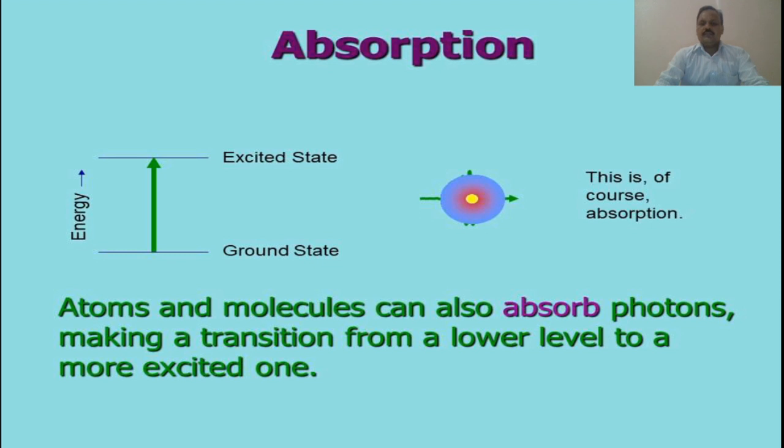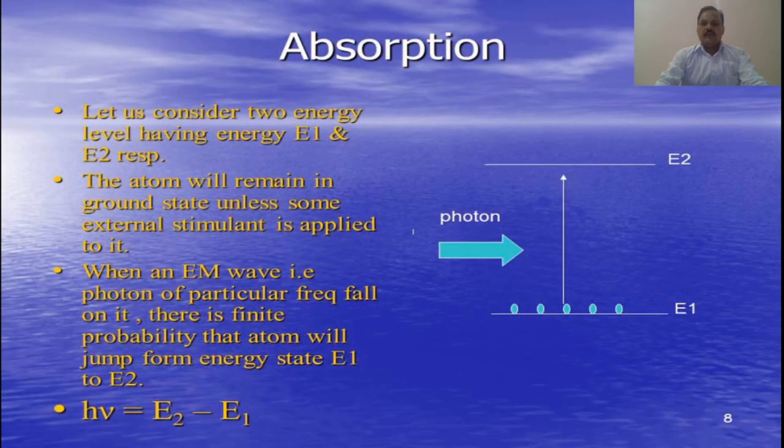When atoms are in the excited state, they have a tendency to become stable, and that's why they come back to the ground state, which is called spontaneous emission. Now in absorption, how much energy is absorbed by the atom or molecule? h nu is equal to E2 minus E1.